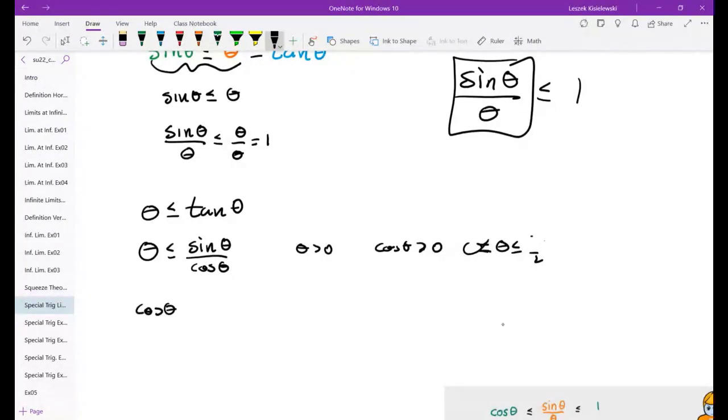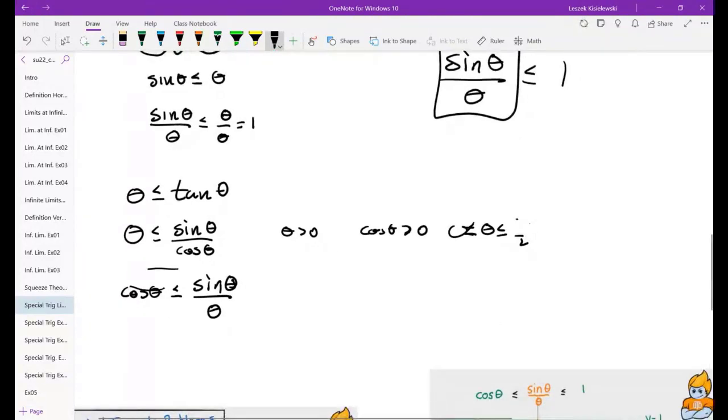So the ordering relation is preserved. So that's just rearranging, and we see that sine of theta over theta is bounded below by cosine theta.